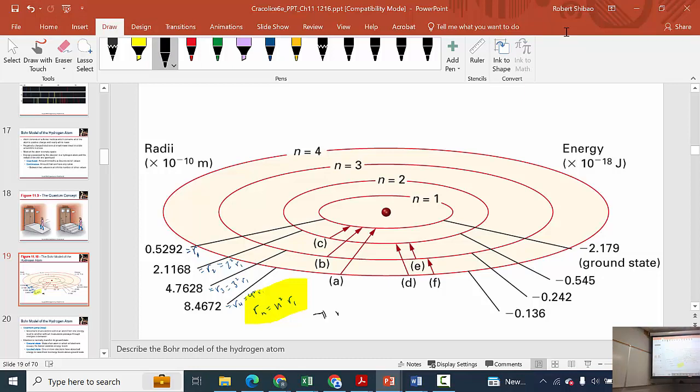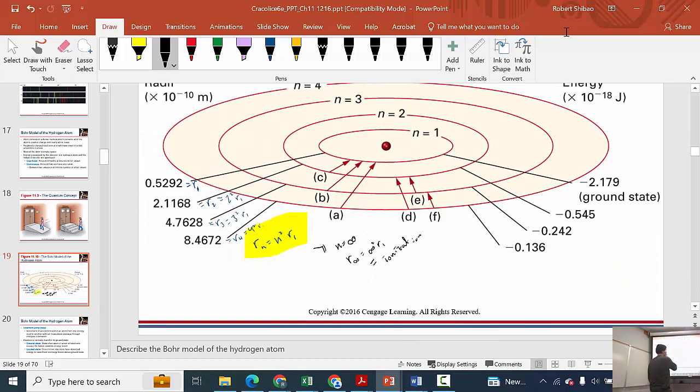And so we go up to n equals infinity. Then R infinity is equal to infinity squared R1. And what we say is this is equal to ionization. That is, the electron is infinitely far from the nucleus, so the electron and the nucleus are no longer attached. I say an electron's been pushed out to infinity.